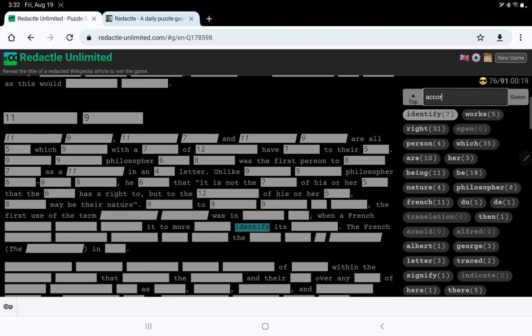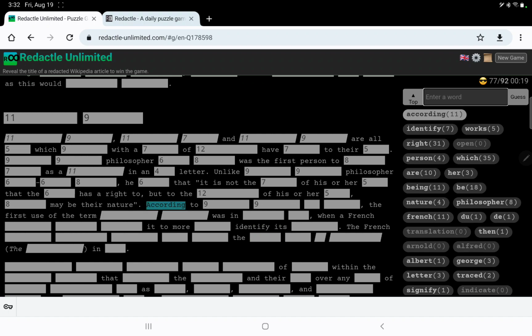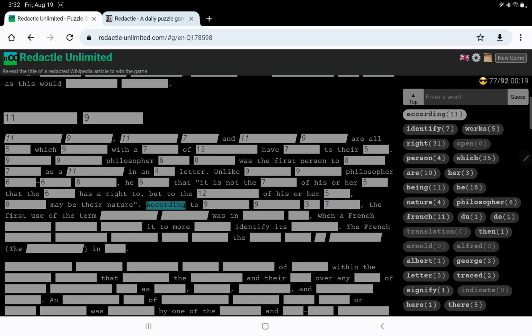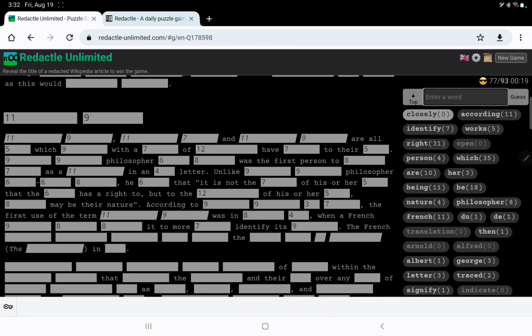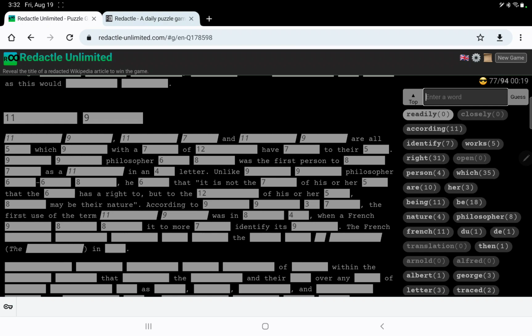Oh, according to 9937, the first use of the term 11, 9 was in 8-4, when a French 9-8-8 to more something identify, maybe more closely, more readily, more precisely identify its something.